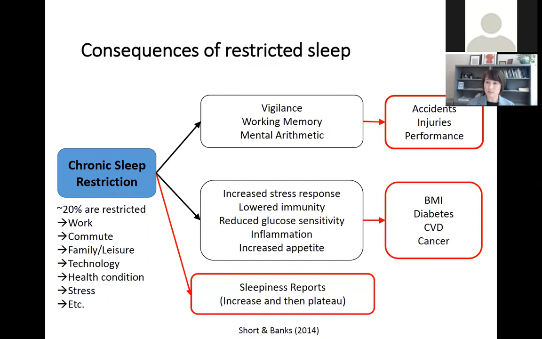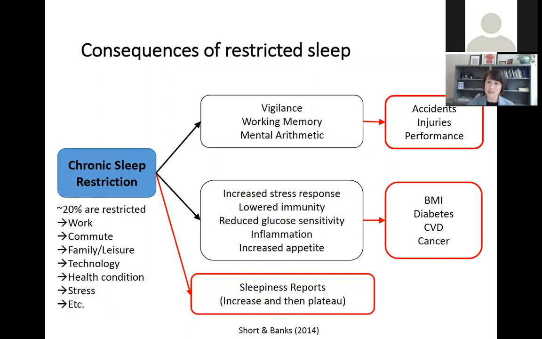If we restrict people's sleep in the laboratory, say down to 4 hours a night or 6 hours a night, and compare them to people who are getting 8 hours a night, we see that over successive nights, for example over 2 weeks, people say during the day, I'm getting sleepier, I'm getting sleepier. But then after a few days, their sleepiness reports start to plateau. People report that they're getting sleepier, and then they say they're plateauing, they're sort of adjusting to these new sleepiness levels.